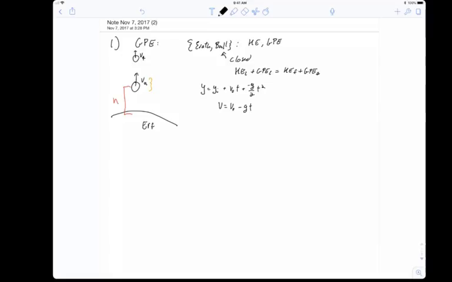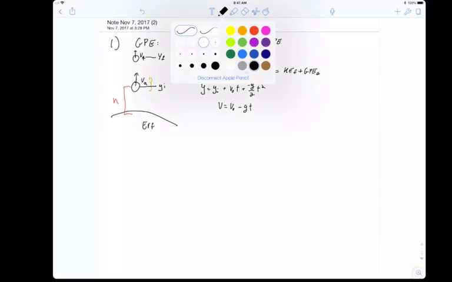These are the equations of motion of an object in free fall. We don't know a bunch of things about this, but we do know the initial and final heights. So we know y initial, and we know y final. We also know the initial speed.